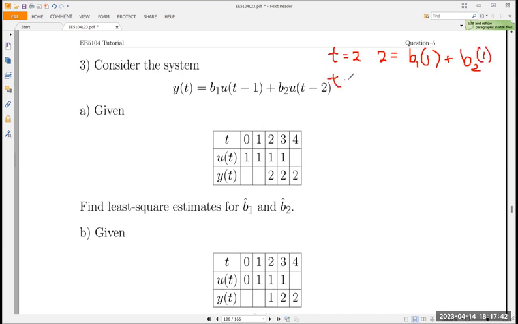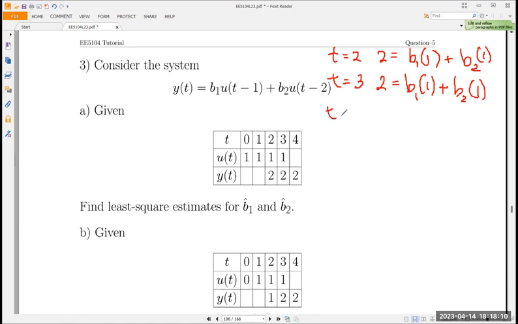Then at t equals 3, y is also 2, equals B1 times u at t minus 1, which is 1, plus B2 times u at t minus 2, which is also 1.